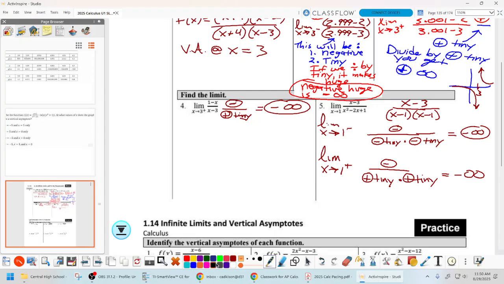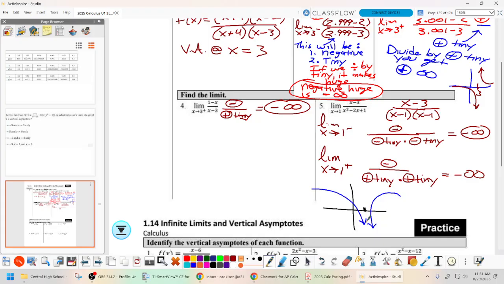So if we sketched it, we know there's some kind of asymptote at 1, but this time it's going to dive from both sides. Does this make sense? Yes, it's a little less work. So for our answer, since it's the final limit, we say the limit as x approaches 1 equals negative infinity.